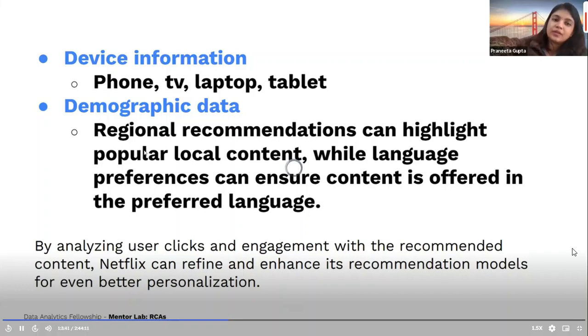Then demographic data, of course, we spoke about regional recommendations and also the language preferences.